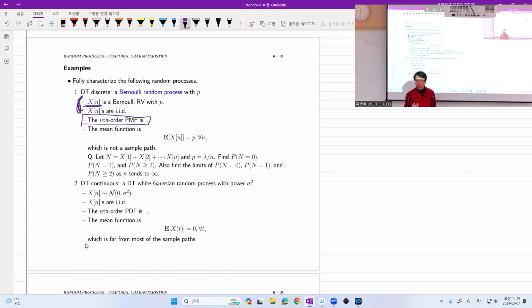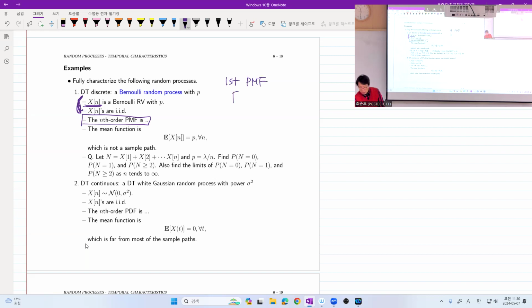In order to answer that, you may either show the mapping rule for the measure theoretic definition, or you have to be able to find every nth order PDF, CDF, or PMF. Which one do you want to take? Interestingly, in this problem, it's easier to talk about the joint PMF. So let's start with the first order probability mass function. What is that?